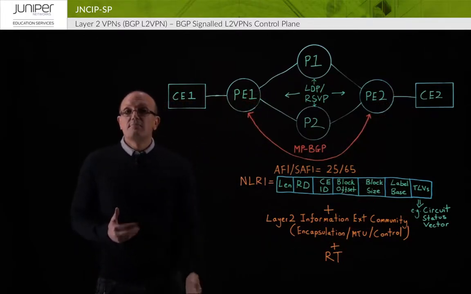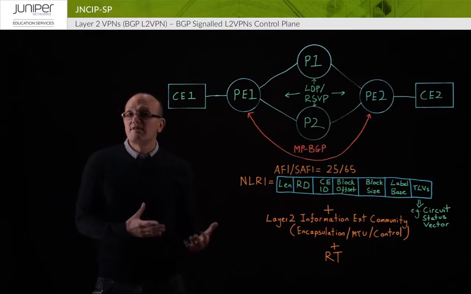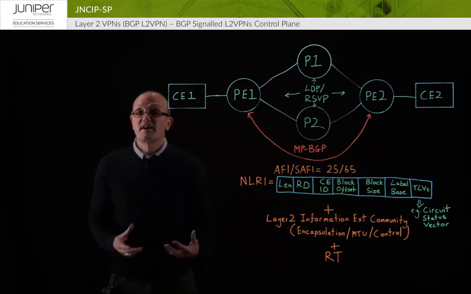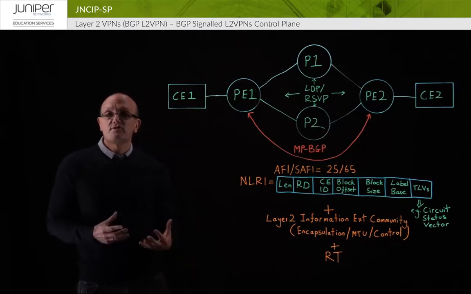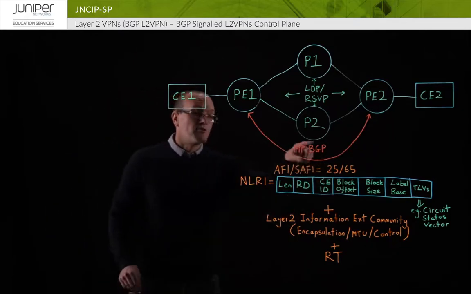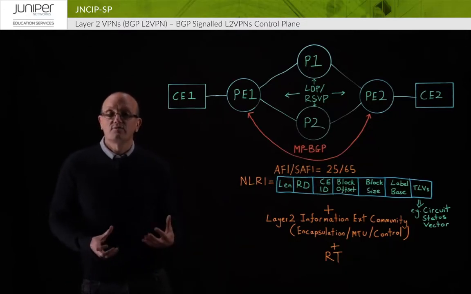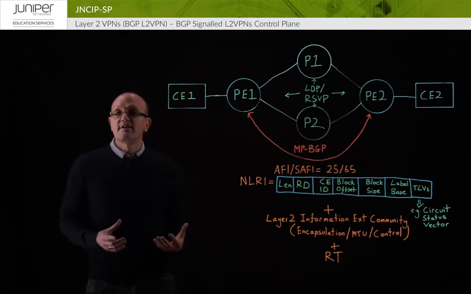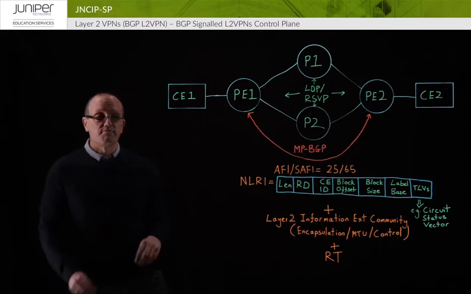And because we're providing signaling for these point-to-point links, compared to a Layer 3 environment where we're providing signaling for routing, the information that we're carrying in multi-protocol BGP is going to be different. Let's analyze what L2VPN signaling looks like from the perspective of multi-protocol BGP.